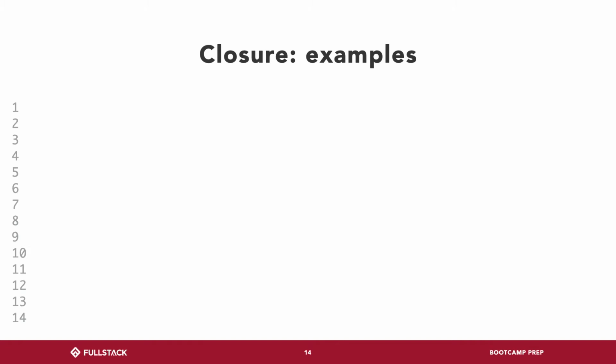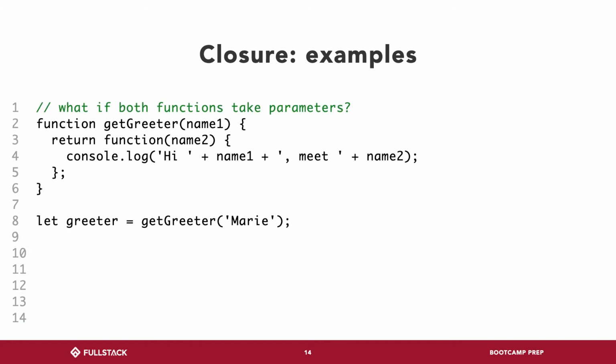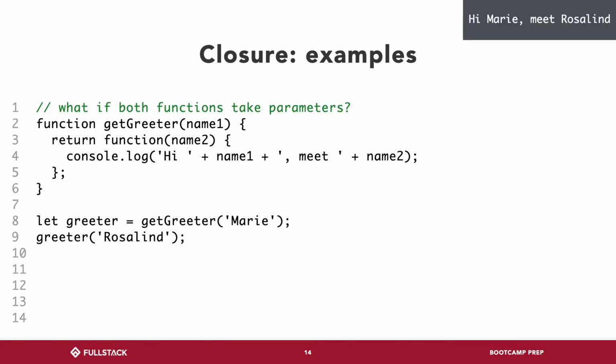Cool. So, what if both took parameters? Crazy, right? So here, we just have getGreeter with name1, return function with name2, console.log hi name1, meet name2. We pass Mary when we invoke getGreeter. So now greeter is going to be this function, and name1 was Mary.